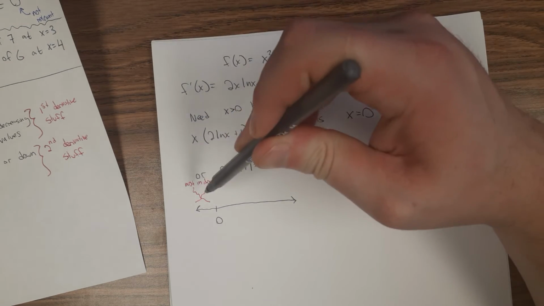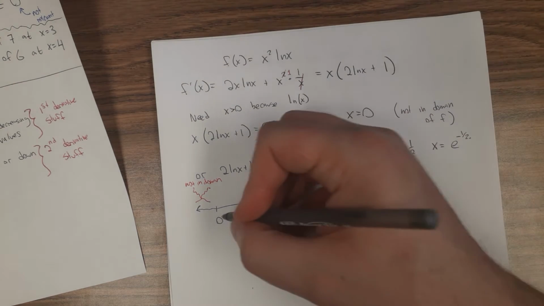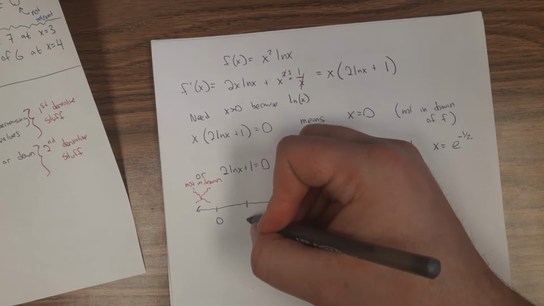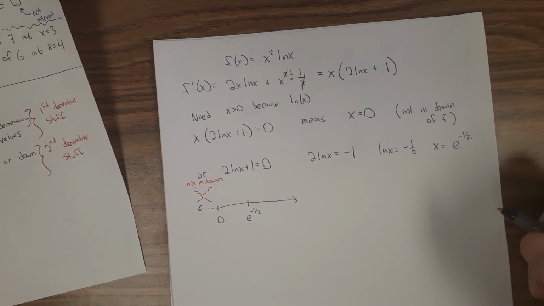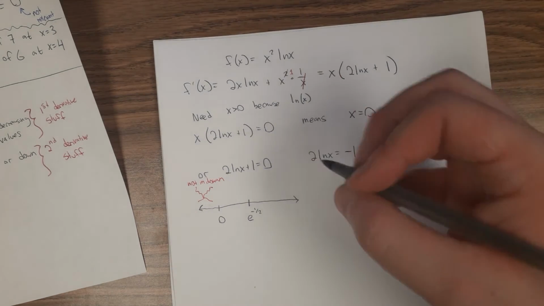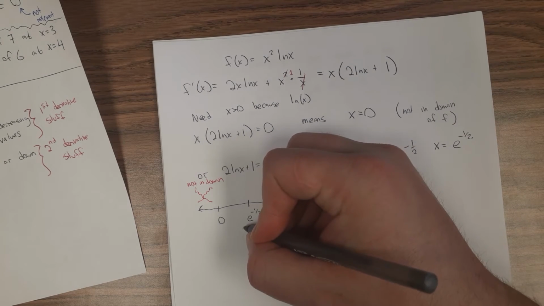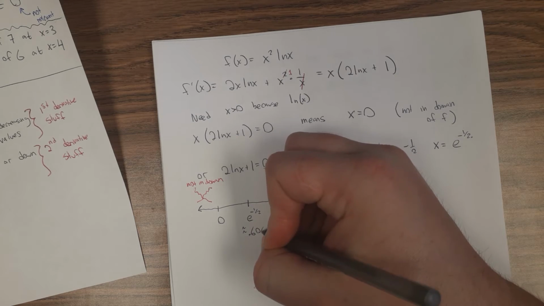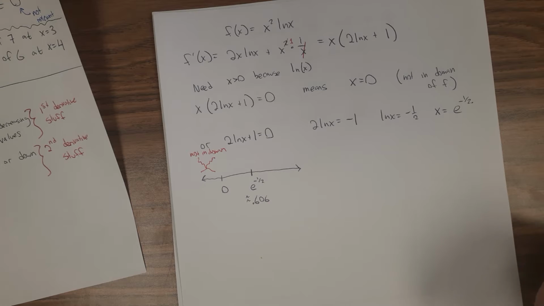This doesn't get a plus or a minus or anything. That's just not in the domain of the function. Other than that, I should mark the value of x that I found, e to the -1/2. And by the way, this is approximately 0.606.